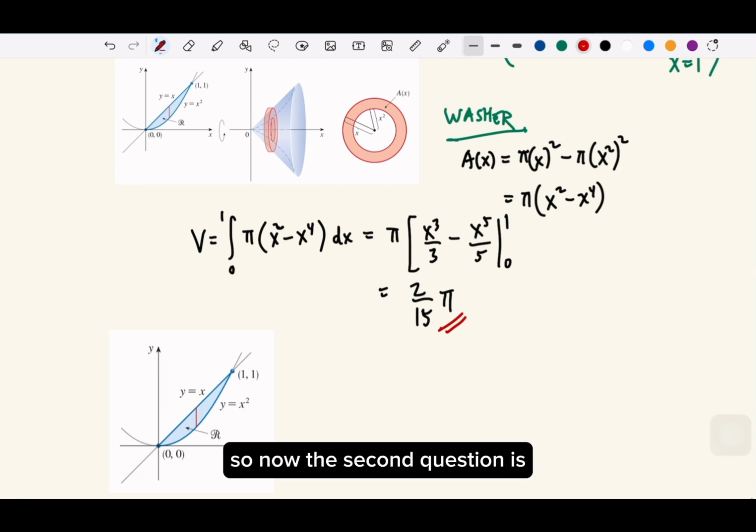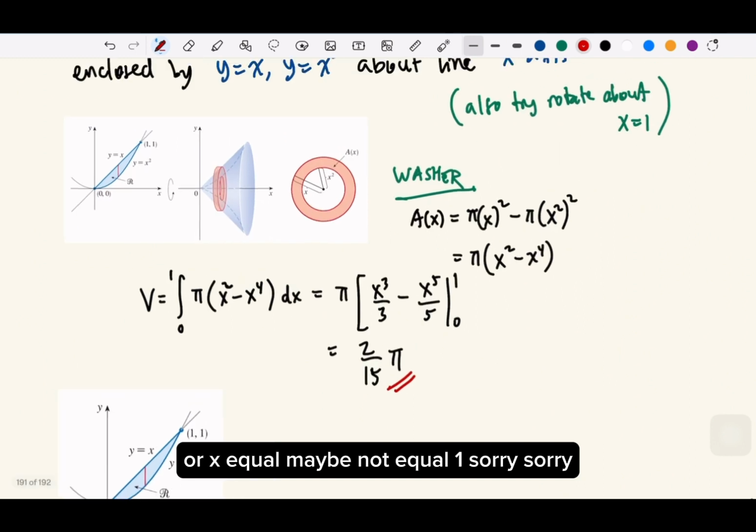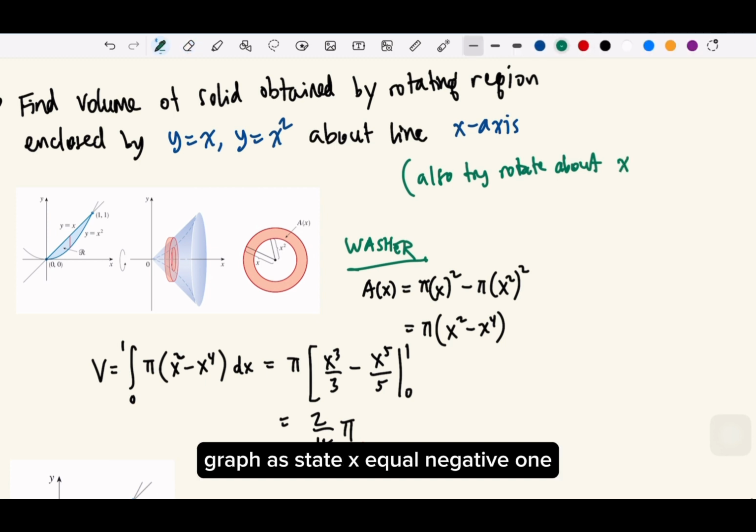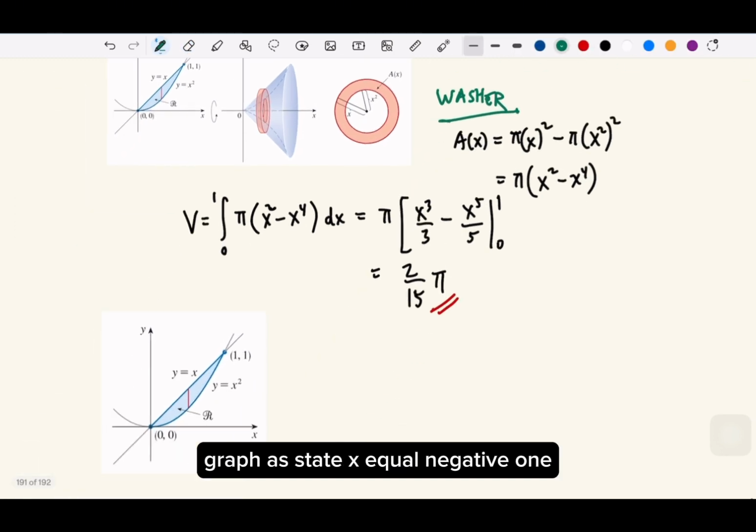So now the second question is if we rotate this through x equal 1, or maybe not 1, sorry. Let me revise this question to make it a more beautiful graph. Let's take x equal negative 1. So let's say our 1 is here, maybe negative 1 is here.